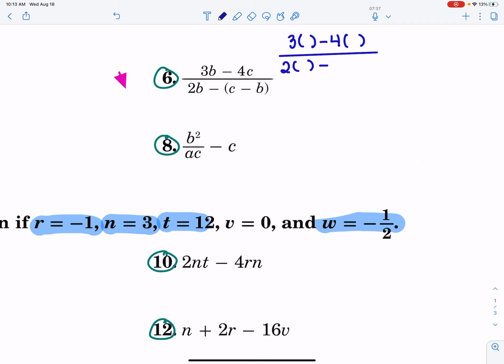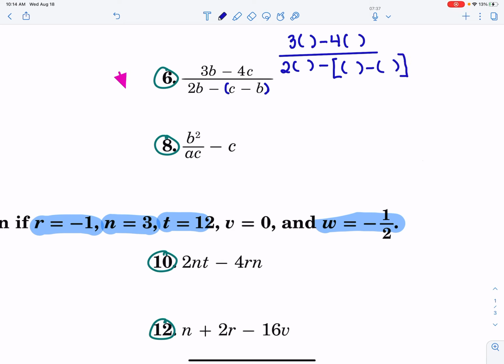Now, every time I take out an unknown value or a variable, I put in parentheses. So these parentheses that are currently here, I'm going to replace them with a bracket. So then I have C minus B and close up that grouping.